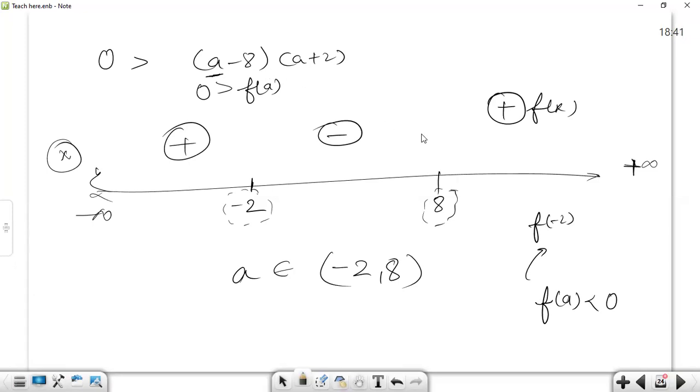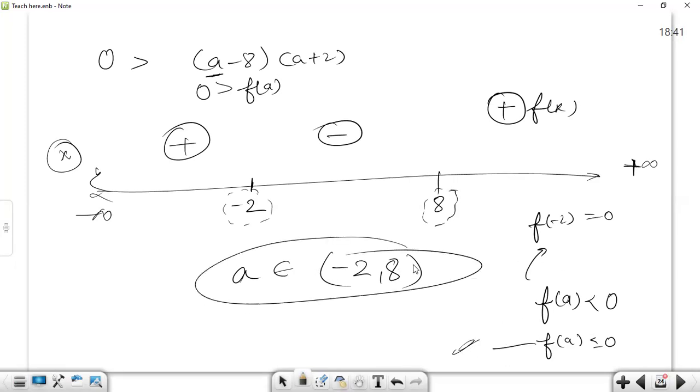Which is 0. So if this becomes 0, which does not satisfy our inequality, we should not include -2 and 8 as well, because 8 is also a root. Understood? Yes, sir. And if the condition was given as less than or equal to 0, then we can include them. Then we can include, sir. Yes, clear.